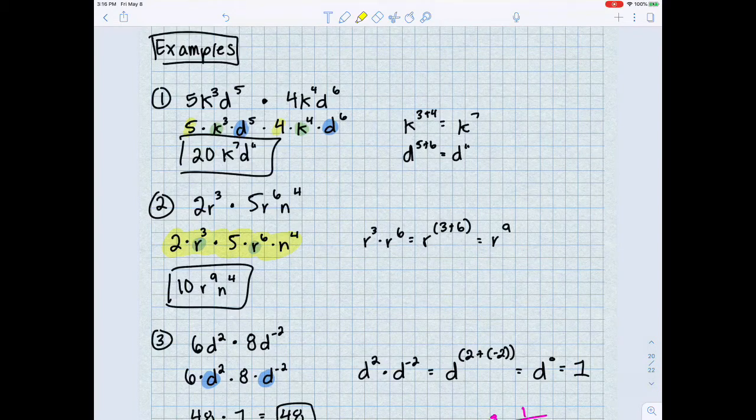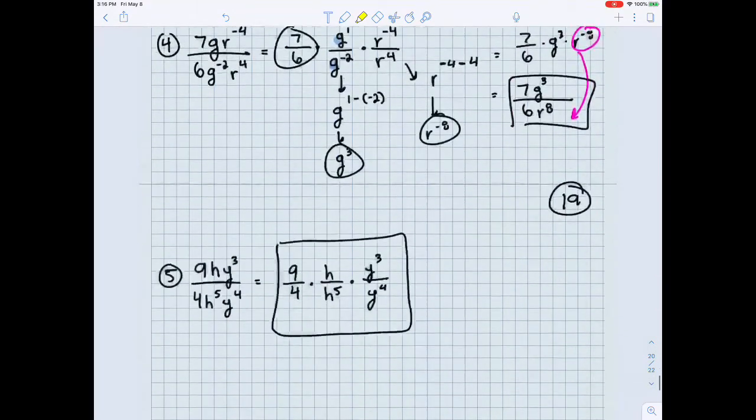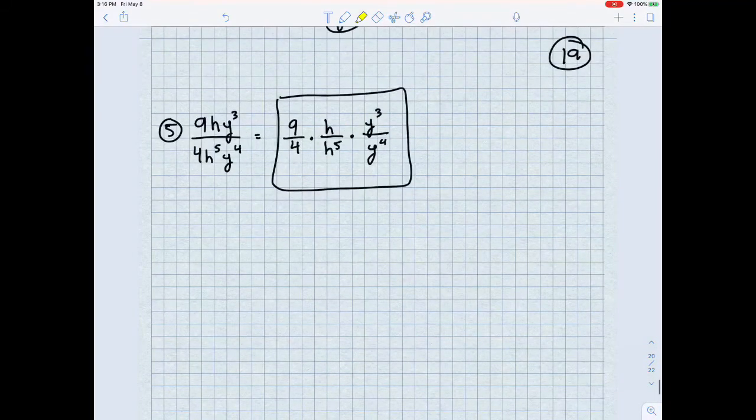I could see the r's, I could see the n's, I could see the whole numbers that I'm multiplying, and that really helps. It makes it easier to process. Okay, so I highly encourage that you guys do this.